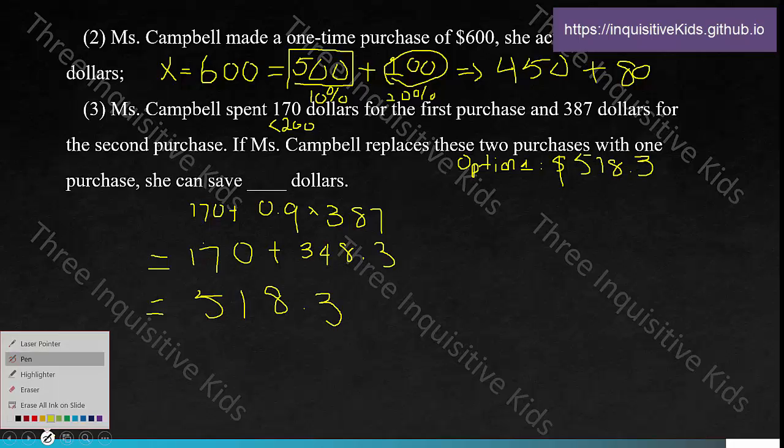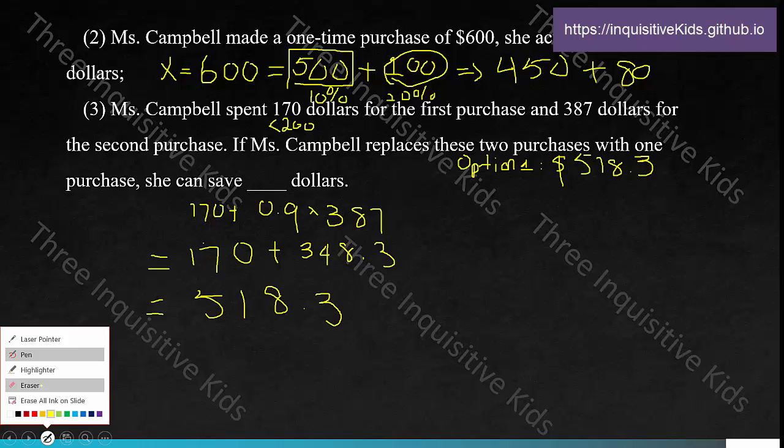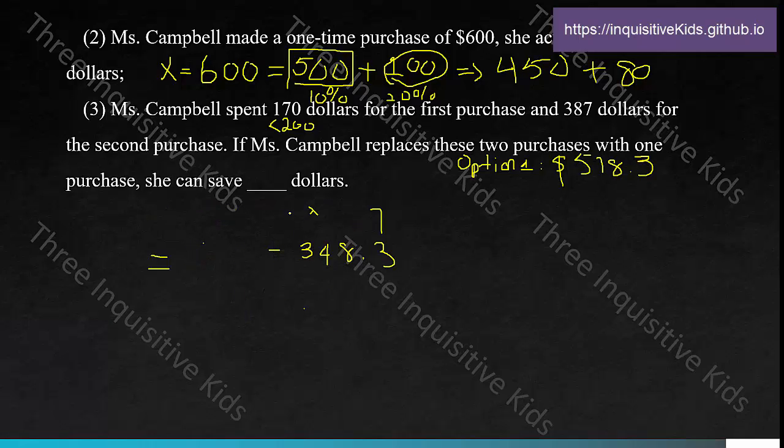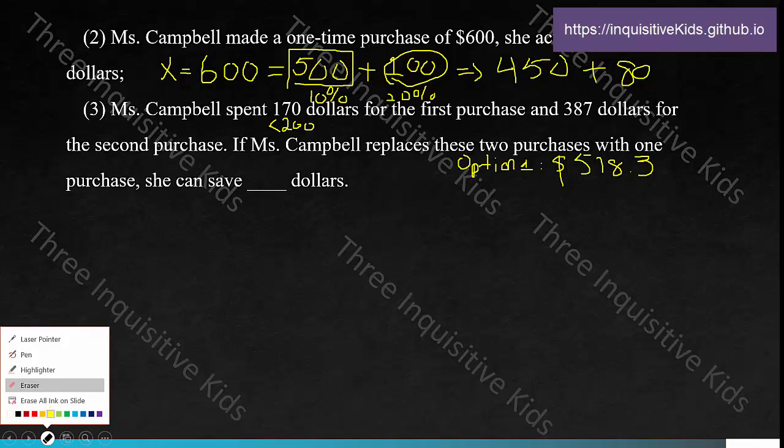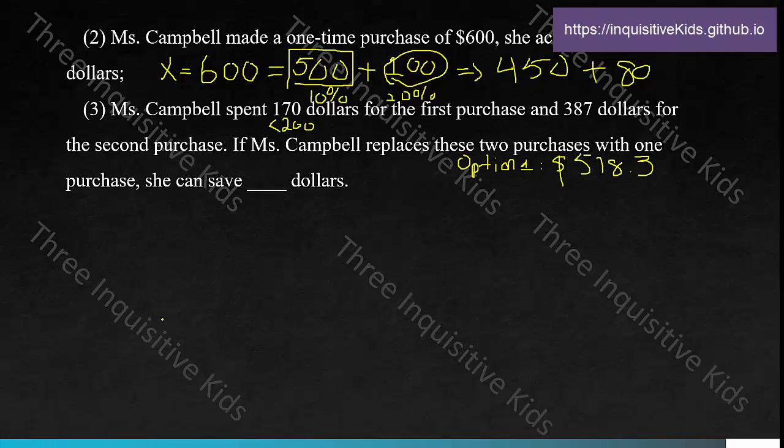So that's option 1. Now we have to find out how much would be spent for the second option, spending them all together. The second option is when we spend these amounts together.